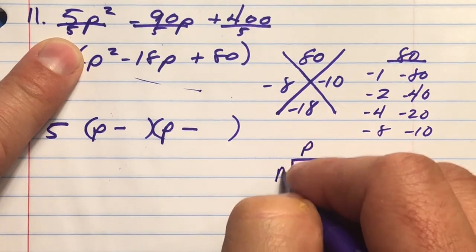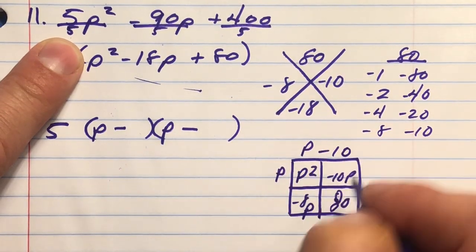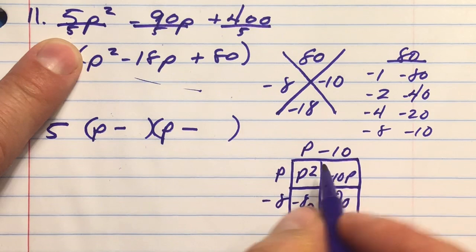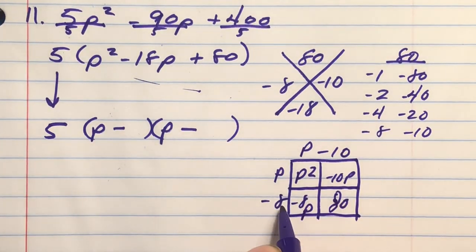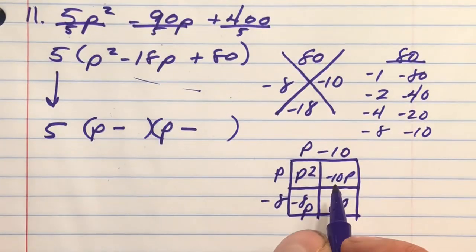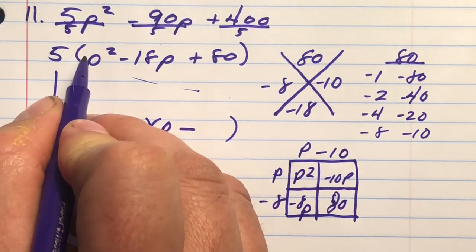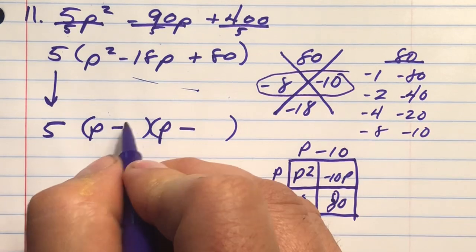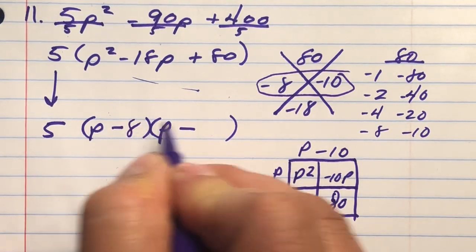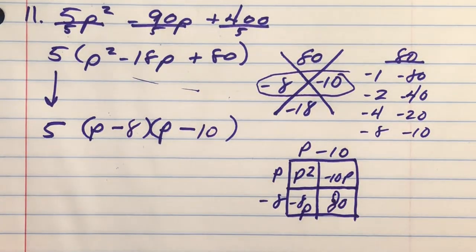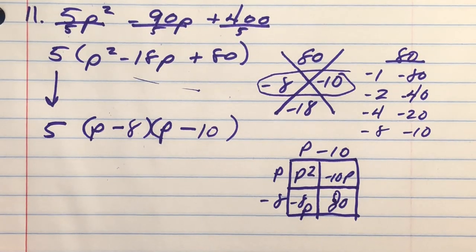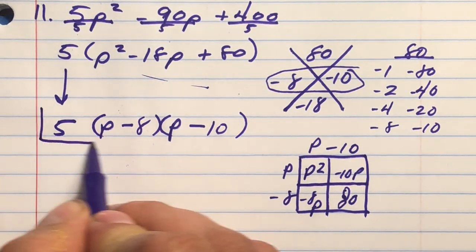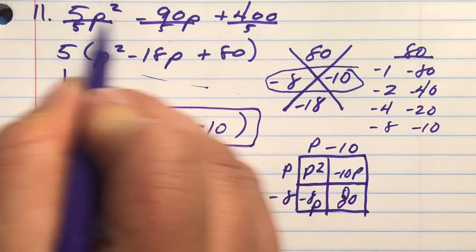So if I go and factor this, look what happens. I get p minus 10 and p minus 8. All I really could have done, since a is 1, is look here and just put in a negative 8, negative 10. And I just factored that trinomial.